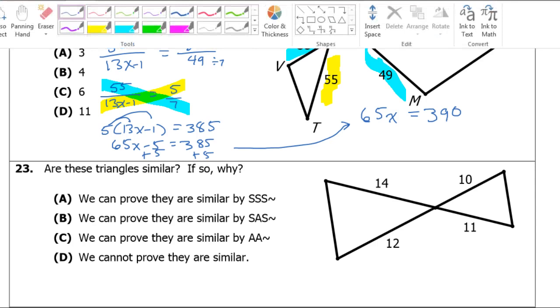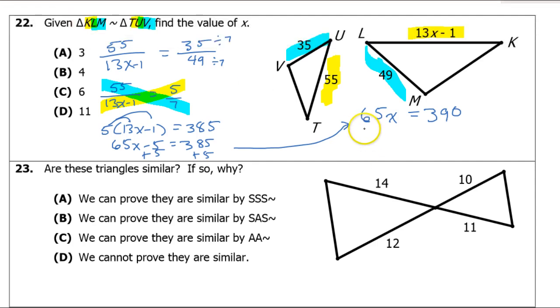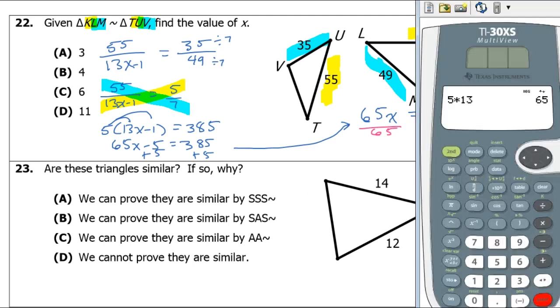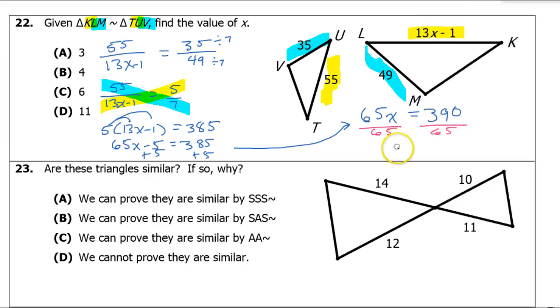So then all we have to do is divide both sides by 65. And that's 6. So we get x is equal to 6. So the answer is C.